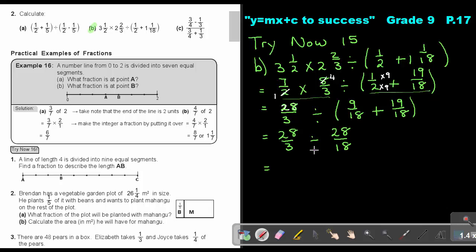And now remember, it's the division. What do we do if it's a division? We make it a multiplication sum by taking the reciprocal. We turn that fraction around. And now, just look here. This is going 1 time, going 1 time. 3 can go in 1. 3 can go in 6 times. And my final answer will be 6 over 1. And that will just be an answer of 6.